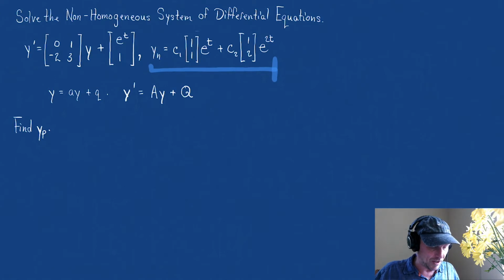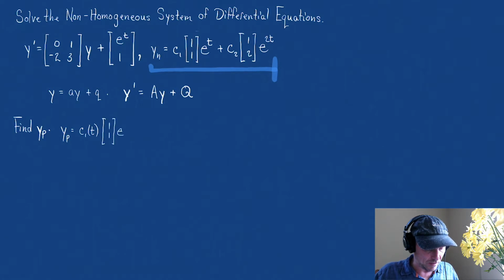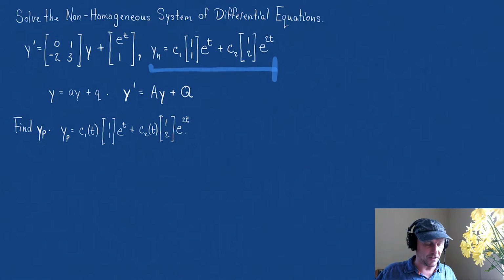What we're going to say is this: y particular, instead of c1, we're going to make it c1 of t times the eigenvector 1, 1, e to the t, plus c2 of t times the eigenvector 1, 2, times e to the 2t. So in order to solve this, obviously we need y prime equals ay plus q.